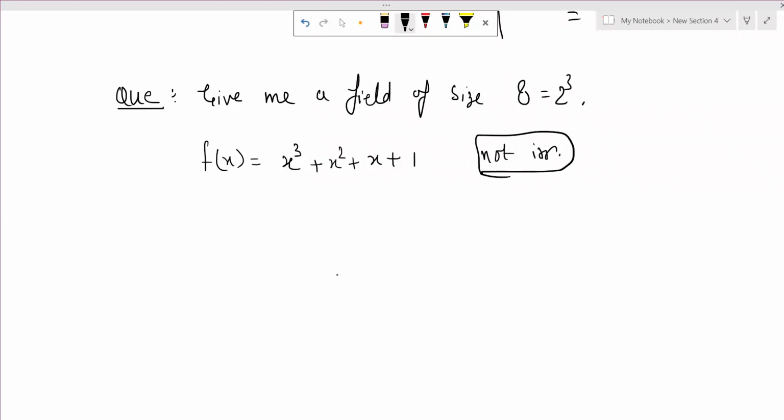You need a degree 3 polynomial because the field is of size 2 cubed, so you want a vector space of dimension 3 over Z2. You are in the right direction. Give me an irreducible polynomial of degree 3 in Z2[x]. That is, 0 and 1 are not roots, right?